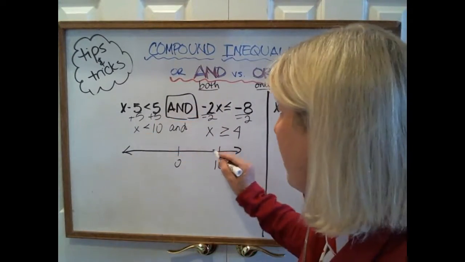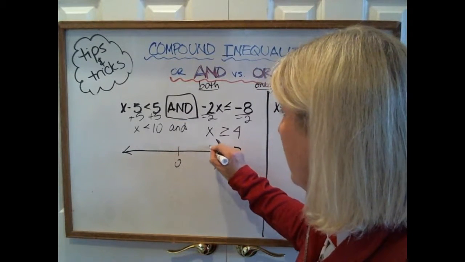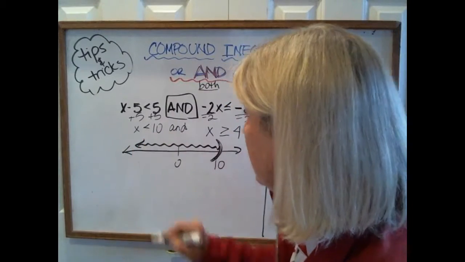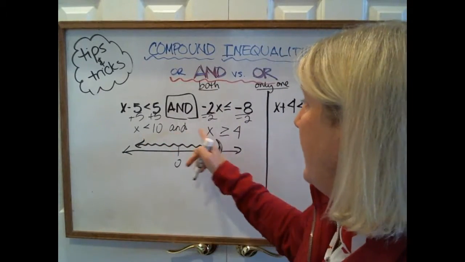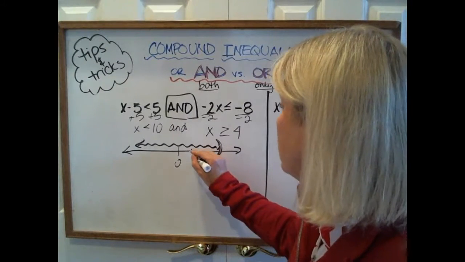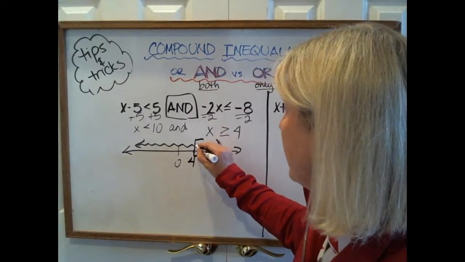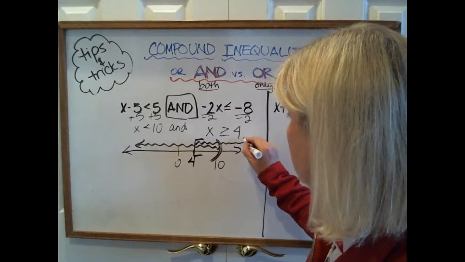So this one will be a soft bracket, and it's less than, so that means our arrow goes in that direction forever. And x is greater than or equal to 4, so 4 is right here, and we have a hard bracket here, and it's going this way.